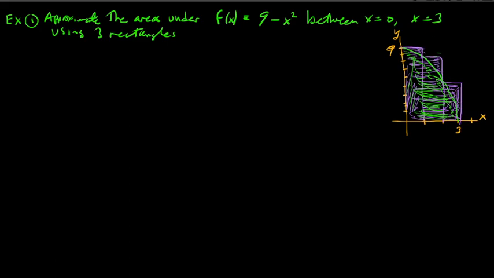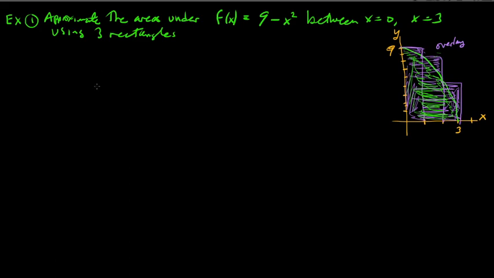It's the opposite of what we had last time. It's the opposite of a gap. I don't know what you call this, an overlay. So these are the overlays. This is the overestimate. So the area of the 3 purple rectangles is going to be bigger than the area we want. But let's do it anyway and see what we get here.